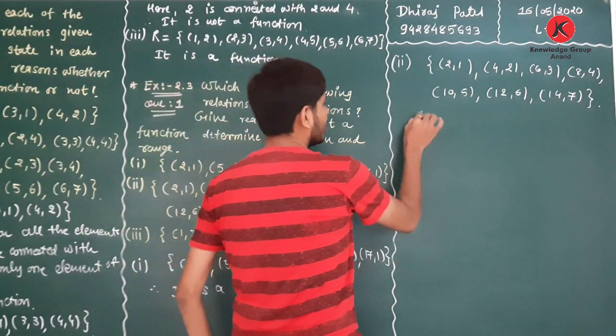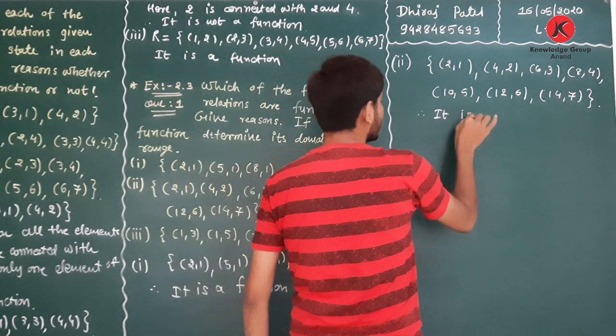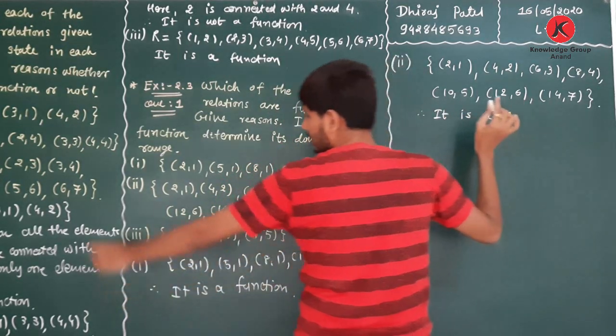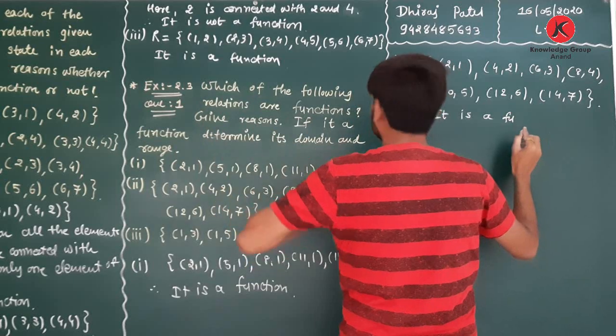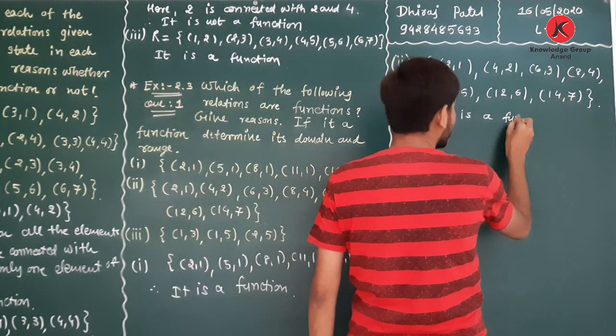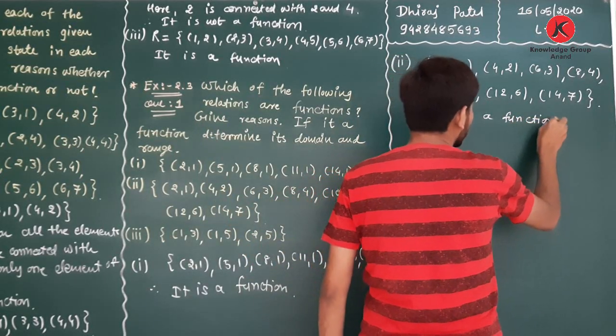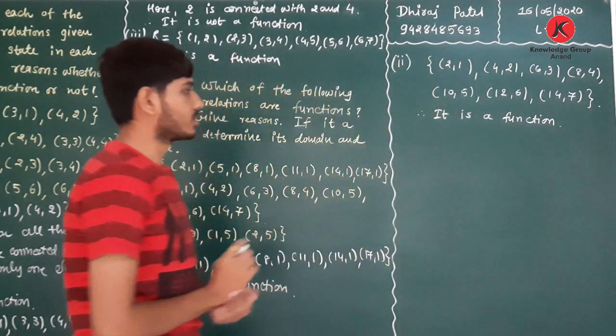Therefore we can say that it is a function. And what reason will you write? The reason is given in your first question, in Example 11. Write that reason. It is a function.